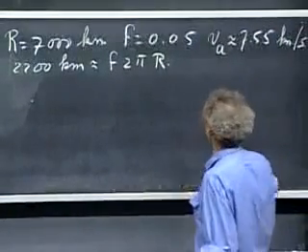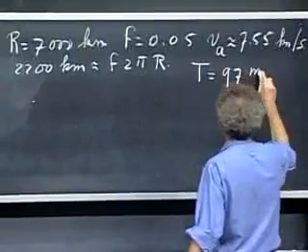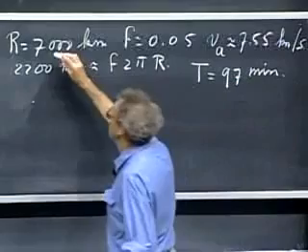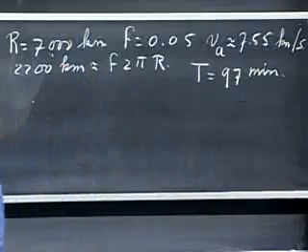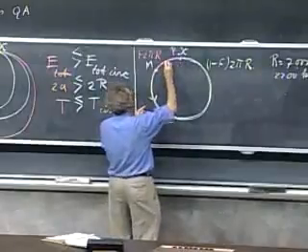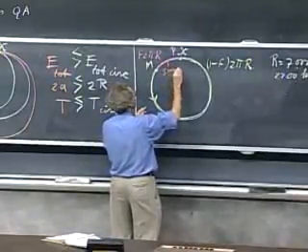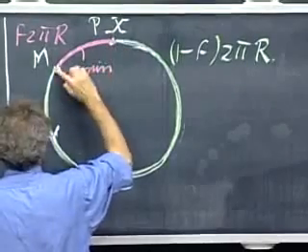And what is also non-negotiable is the period to go around, which is 97 minutes. All of that follows from this r. Okay, if it takes 97 minutes to go around, then 5% of 97 minutes is 5 minutes, if I round it off. So this takes 5 minutes to go.